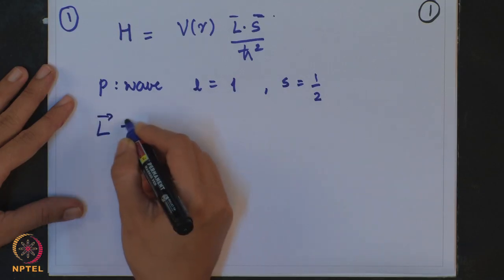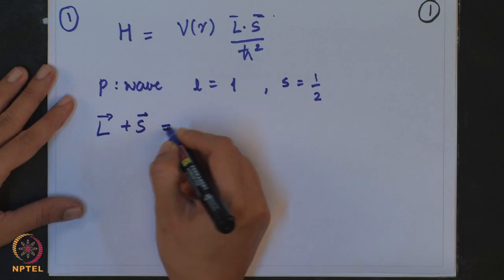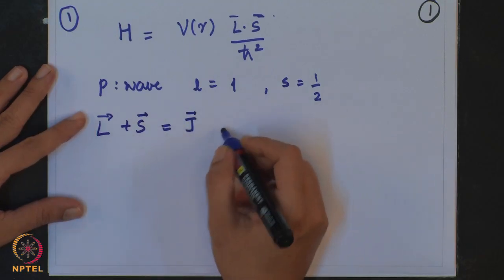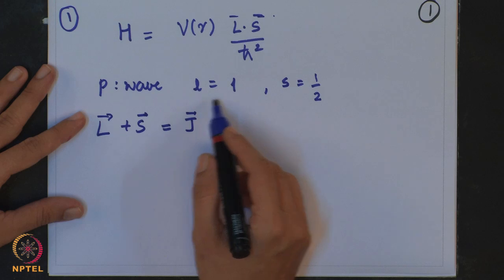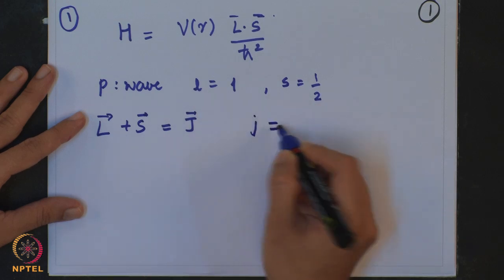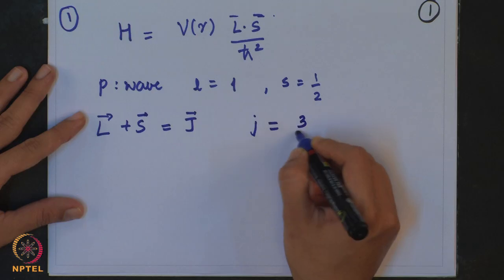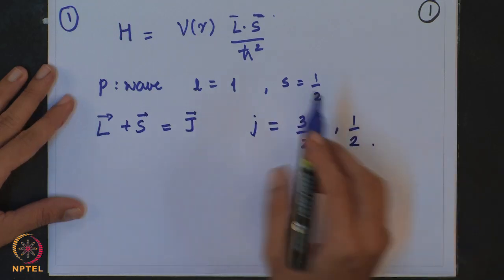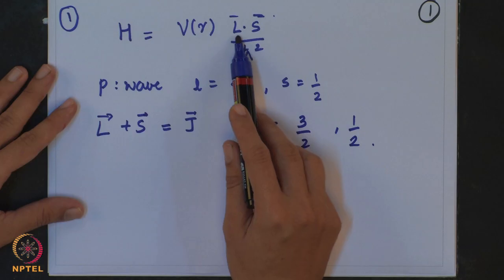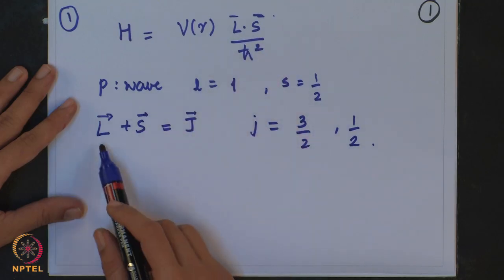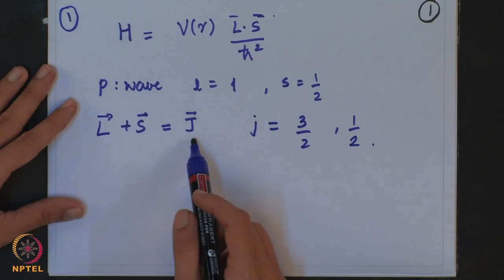When you talk about this coupled system, L plus S is J. So, now with L is equal to 1, S is equal to half, J can take values 3 by 2 and half, okay. Now, we need to write L dot S in terms of L, S and J.